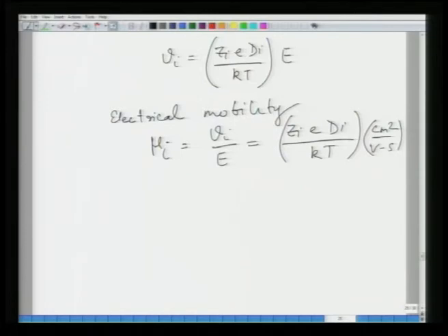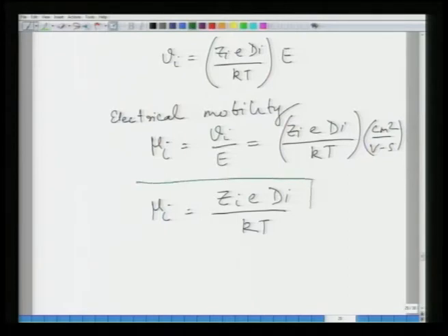So, this is the relation mu_i equals Z_i e D_i by kT. This is the relation you obtain for electrical mobility in an ionic system, where the electrical mobility of the ith species is related to the diffusivity. So, this relates an atomic property, diffusivity, to the electrical property mu_i, the electrical mobility.